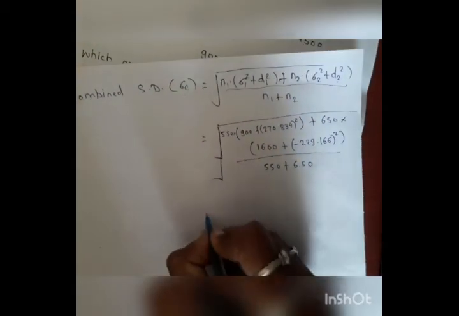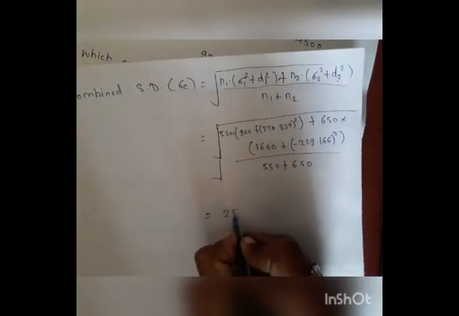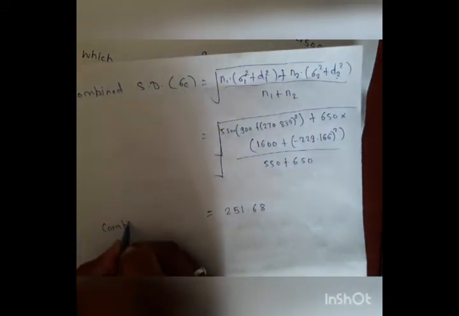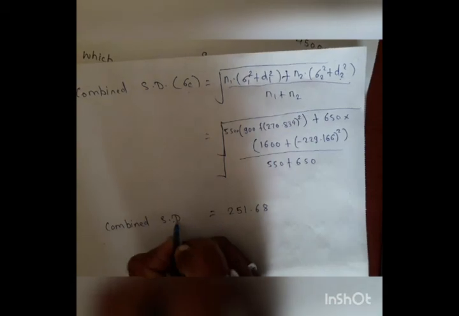After solving this square root, we get the answer 251.868. This is the combined standard deviation, that is sigma c.